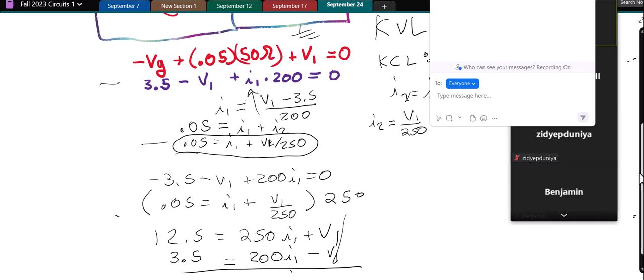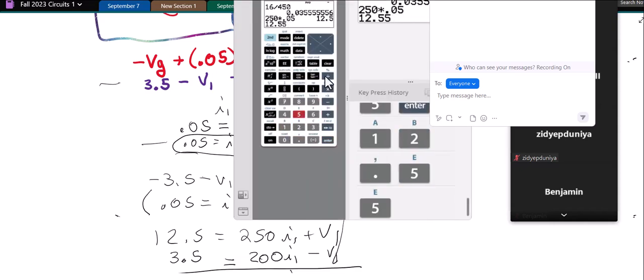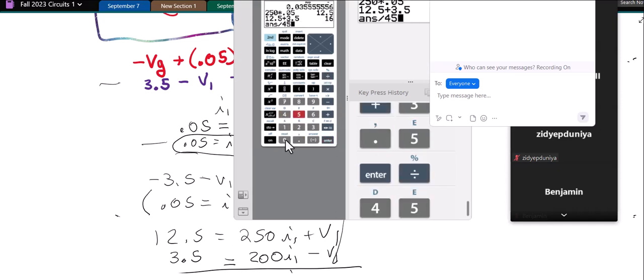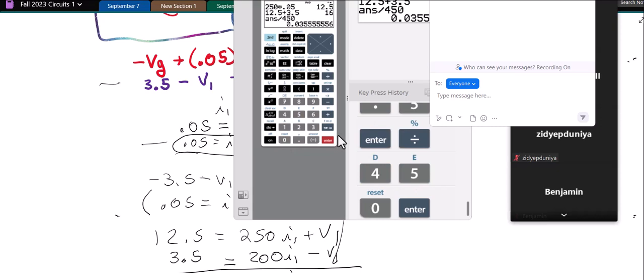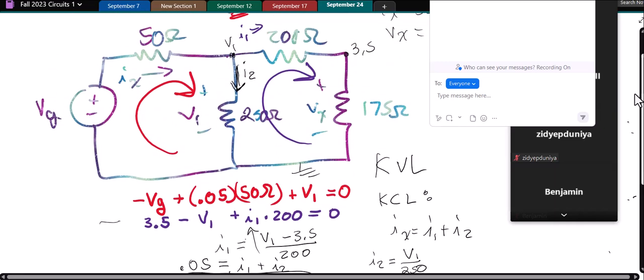So minus 3.5 minus V1 plus 200 I1. Okay, I don't know what I did wrong. I'm sure I did something wrong, because it would ordinarily work.